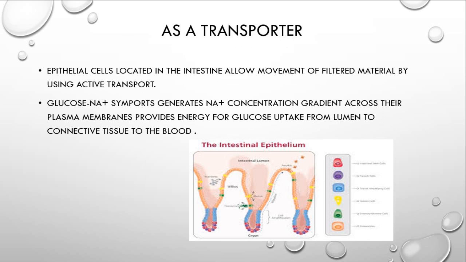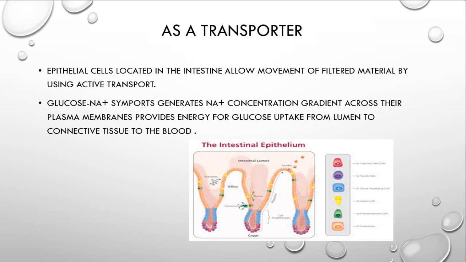Next, as a transporter. Epithelial cells also act as transporters. Epithelial cells located in the intestine allow movement of filtered material by using active transport. Glucose-sodium symport generates a sodium concentration gradient across the plasma membrane, which provides energy for glucose uptake from the lumen to connective tissue to the blood.